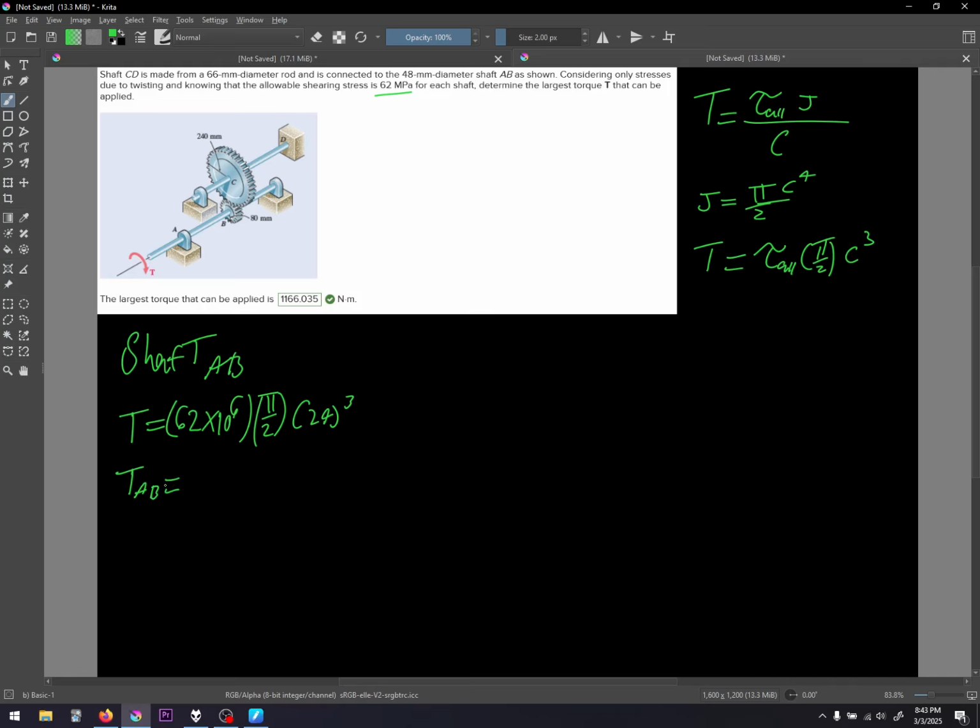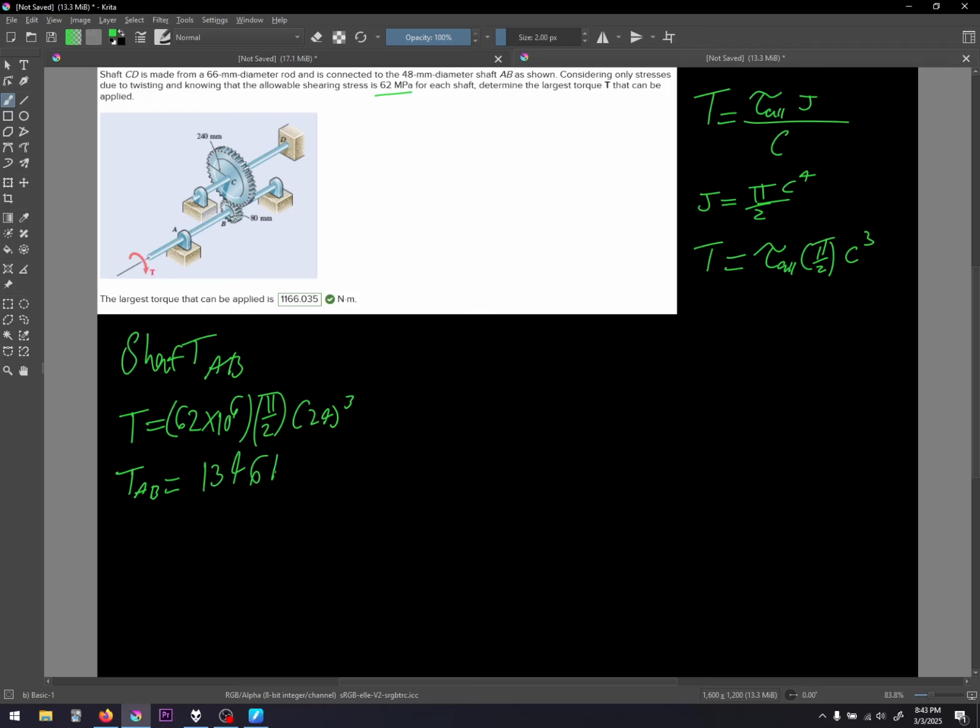So TAB is 62 times 10 to the 6 times pi over 2 times 24 times 10 to the negative 3rd, to the 3rd. I'm getting 1346.